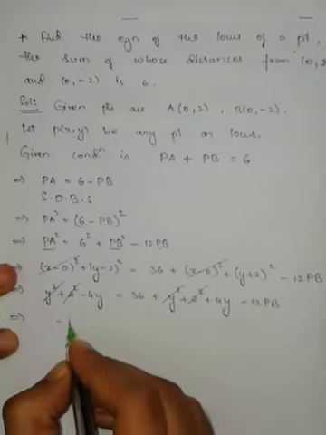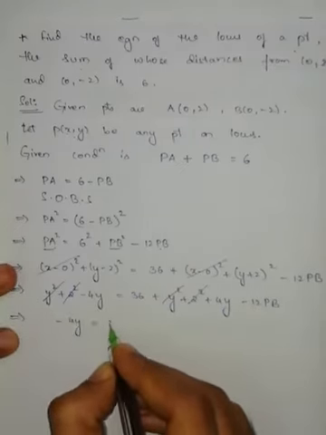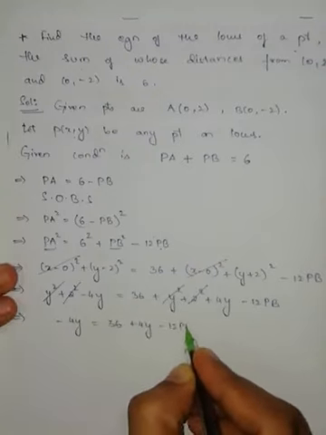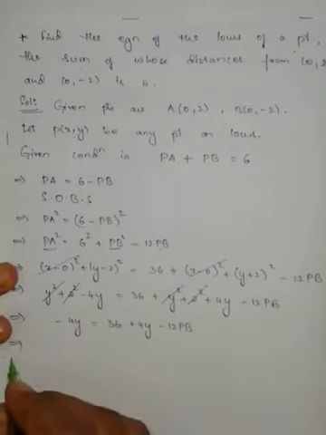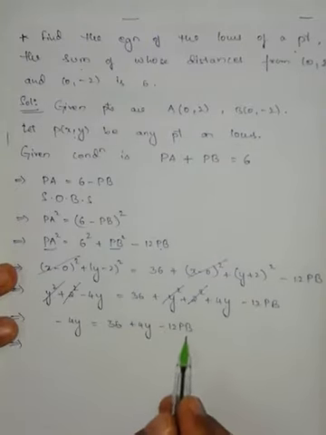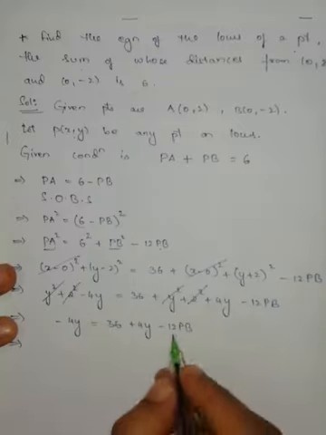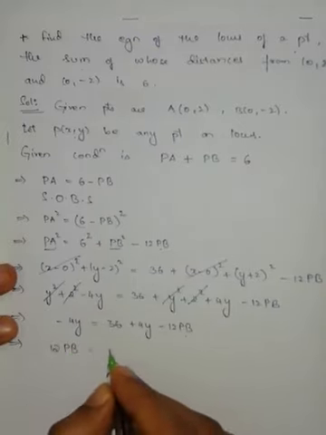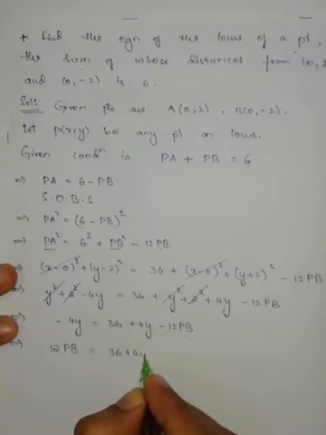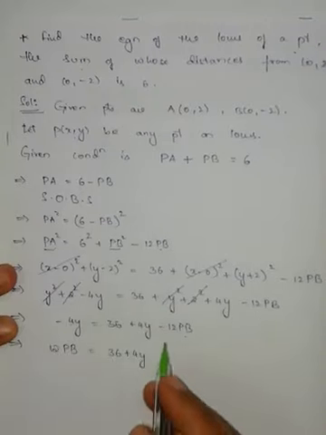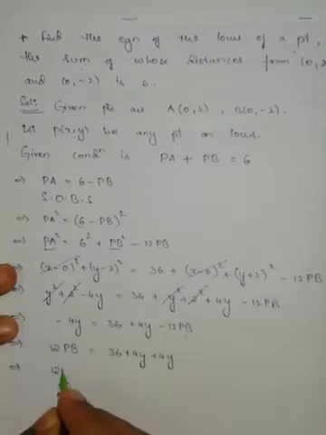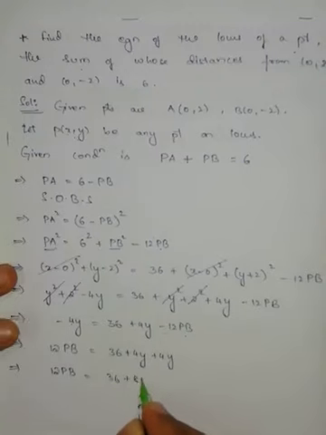This implies minus 4y is equal to 36 plus 4y minus 12 PB. Now I am taking this minus 12 PB to the left hand side, it becomes 12 PB. 36 plus 4y, minus 4y I am going to take to the right hand side, it becomes 8y. This implies 12 PB is equal to 36 plus 8y.